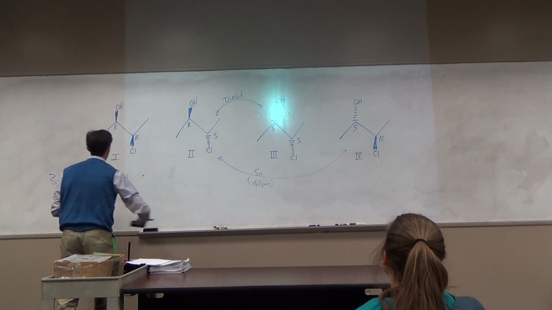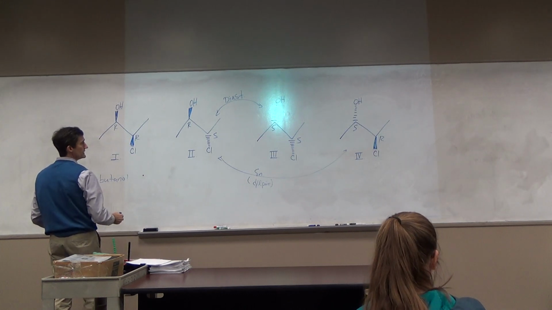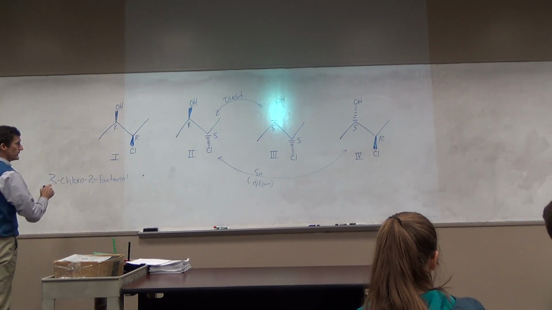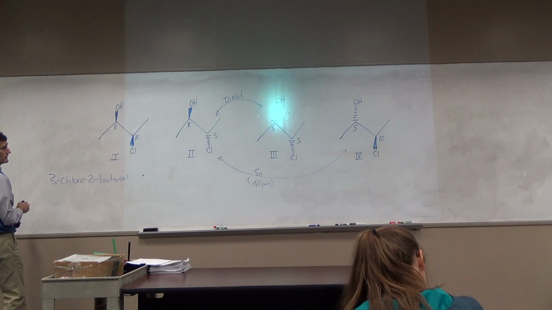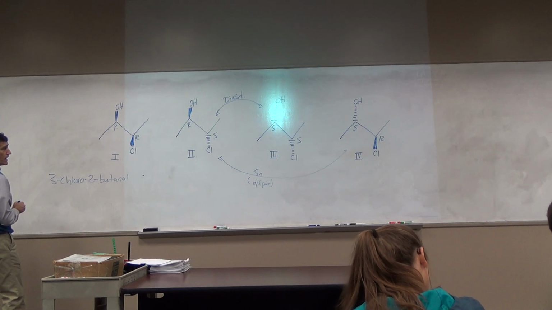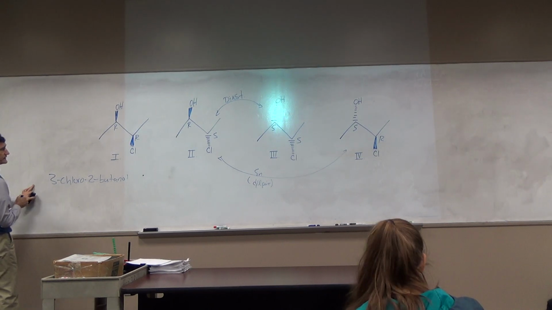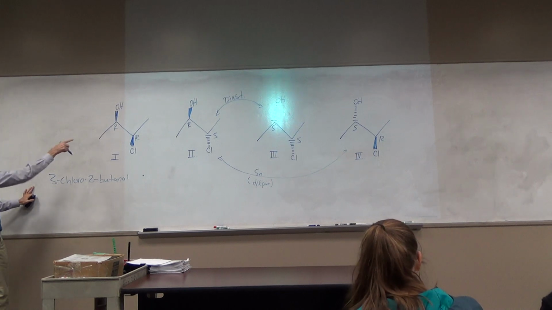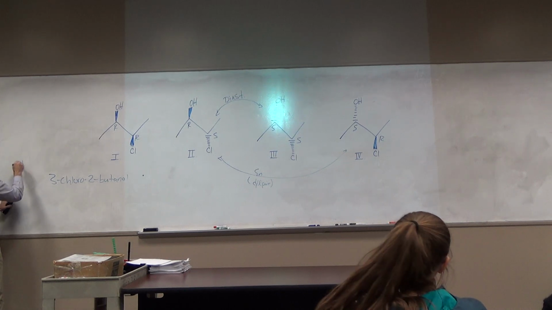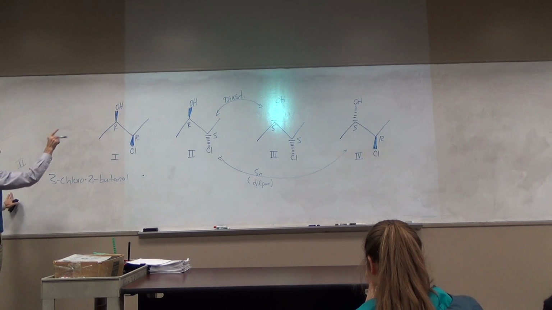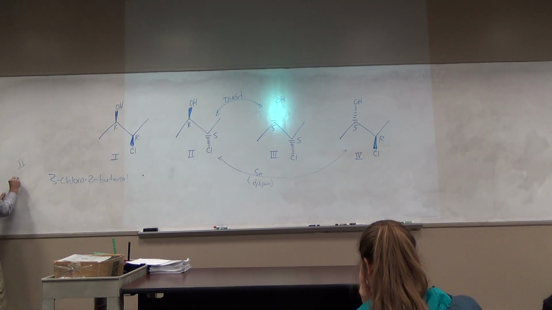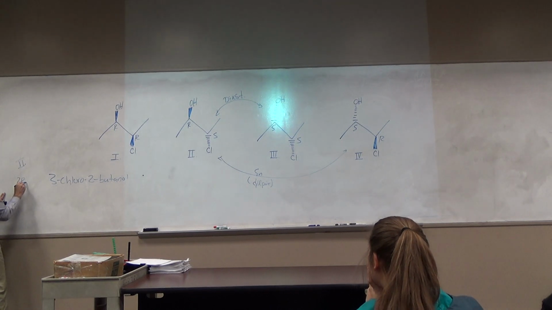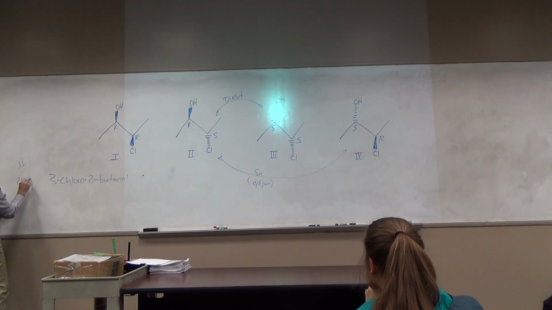Fischer projections. What could we call number 2? What would we put in front of this? Well, since the OH is on the 2 carbon, and that's R, you could call this 2R, 3S.